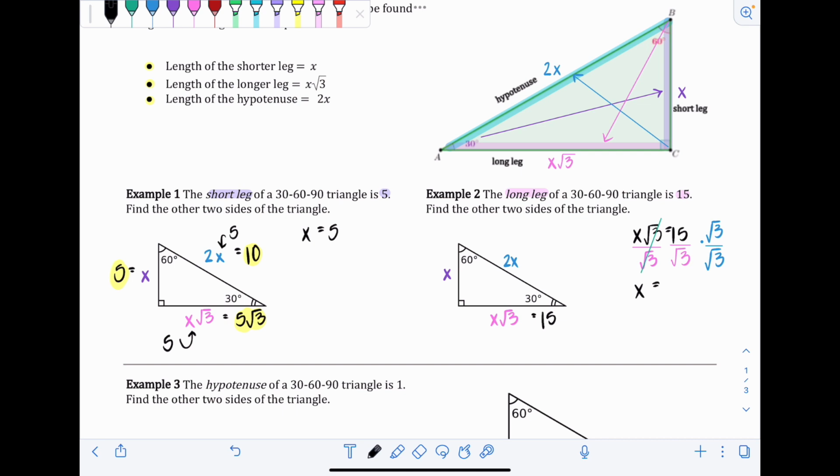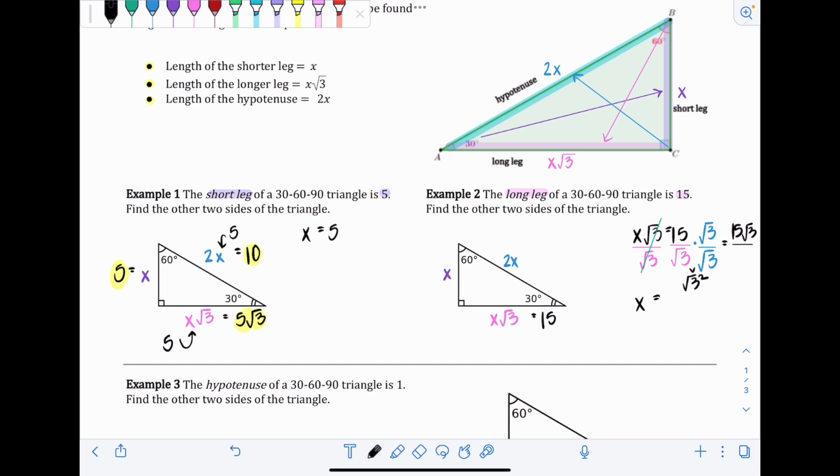I'm going to scooch this over a little bit so I have a little more space. In the numerator, I have just 15 times root 3, so I can just write those side by side. I wouldn't multiply them together inside since the 15 wasn't in the radical. And then when I multiply the square root of 3 times the square root of 3, that would give me the square root of 3 squared.